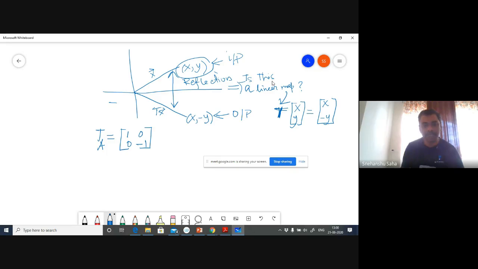If you cook up this particular matrix and multiply it with the column vector (x, y), you are going to get (x, -y). So your job of reflection is being done by multiplying the matrix with the input vector.